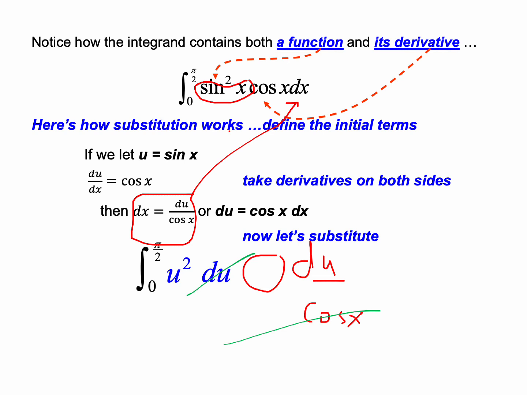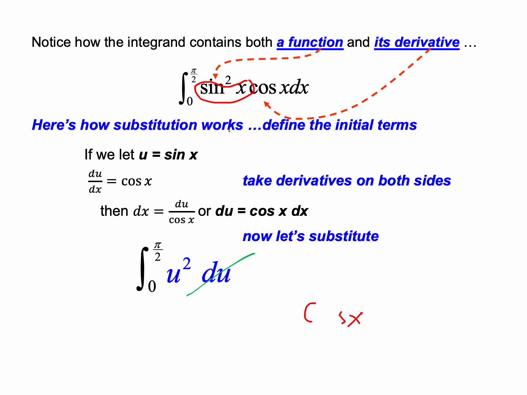Then I do the integration, but here we need to make sure that the original integration or the original boundaries are in terms of x. So 0 to pi over 2 are related to x, not to u. So this also should be changed.